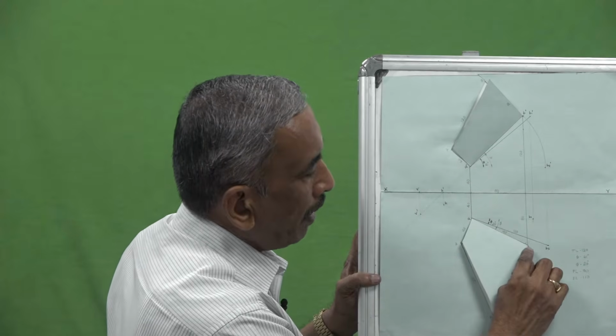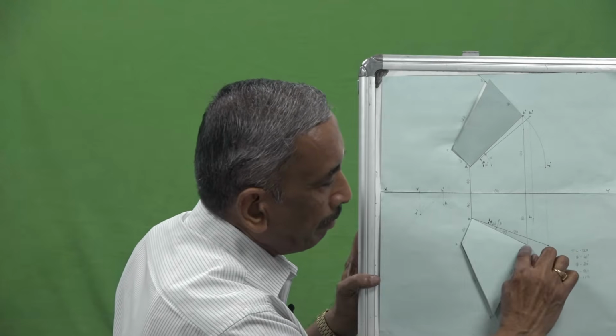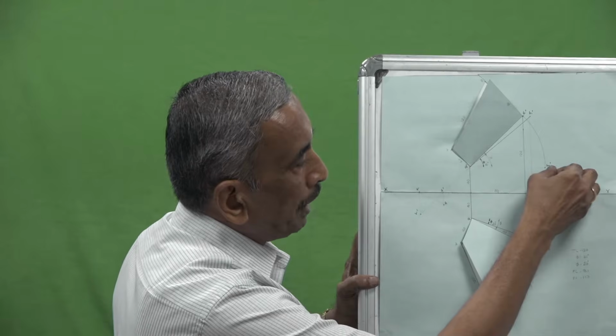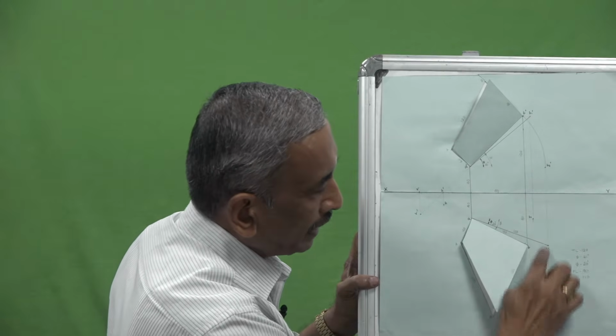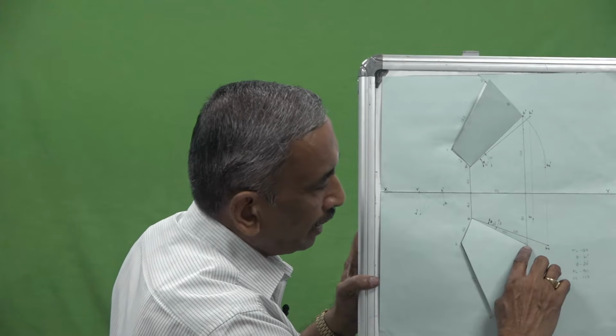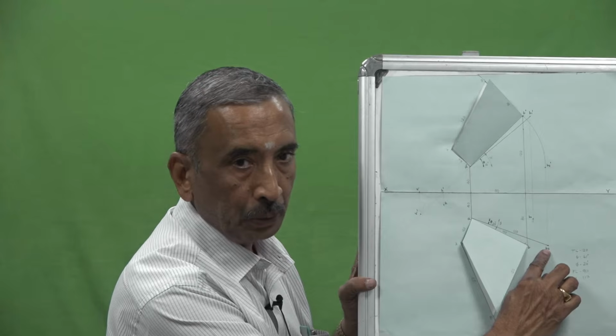Now the point B will maintain the same distance with respect to VP. So from B I draw a horizontal line. From B2 dash if you draw a vertical line, it will intersect the horizontal line drawn through B. The intersecting point will be B2.